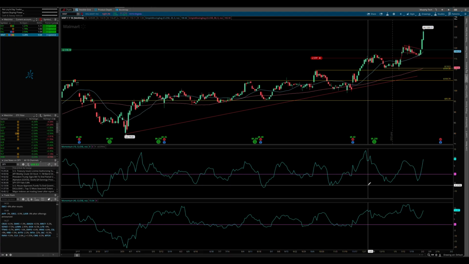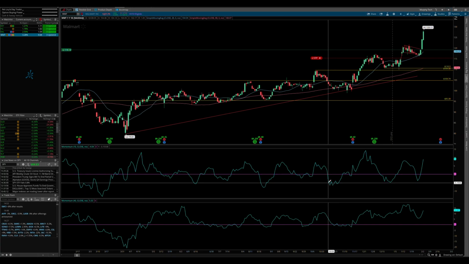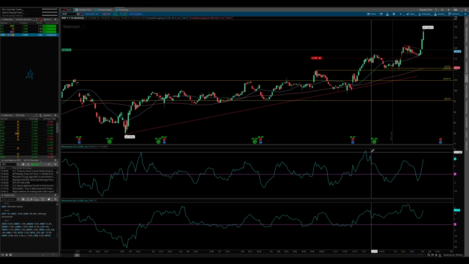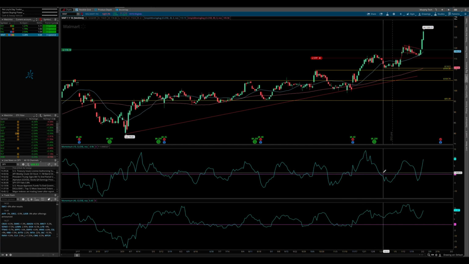He uses some divergence, but he also would use it as like, let's look at this level right here. Going back in time, it specifically bounced off there. You can kind of see the normal range that it's in. So if you see it overextended, you might expect a pullback into there as well.